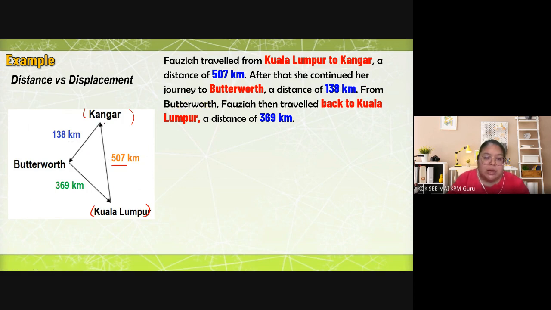Okay, after go to Ganga, they go to Butterworth. The distance is 138 kilometers. Okay, after that, from the Butterworth again, Fauzia travel back to the KL. The distance is 369 kilometers. So that means 他从 KL 去 Ganga 去 Butterworth 又再回 KL.